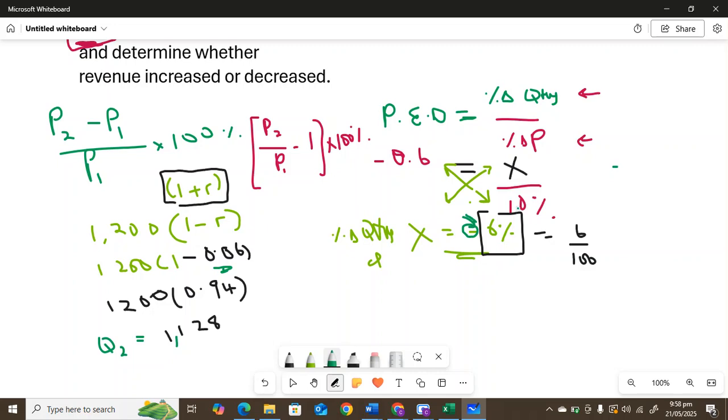If the price dropped and it was negative 0.6 equals x over negative 10%, when you cross multiply, you get a positive value. And then you know that's an increase.